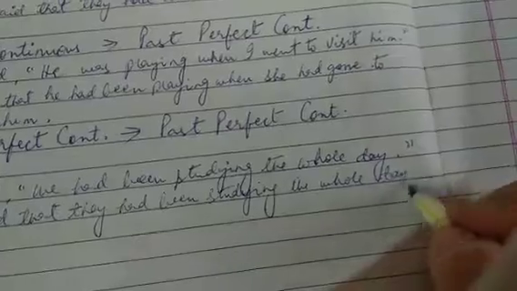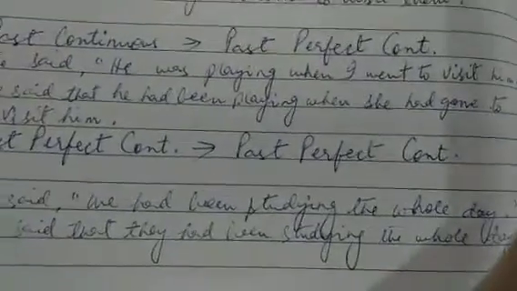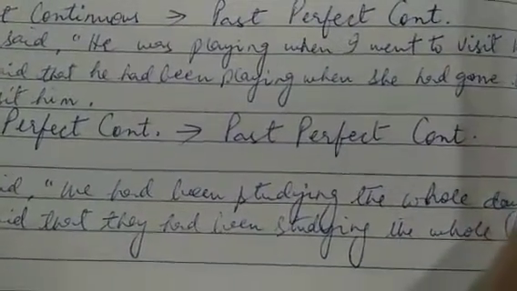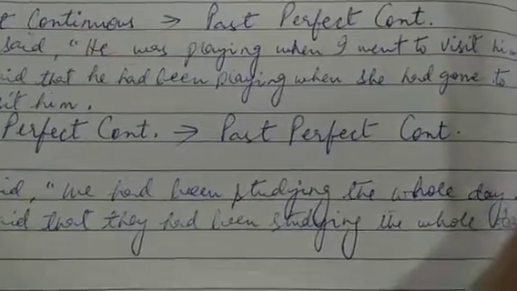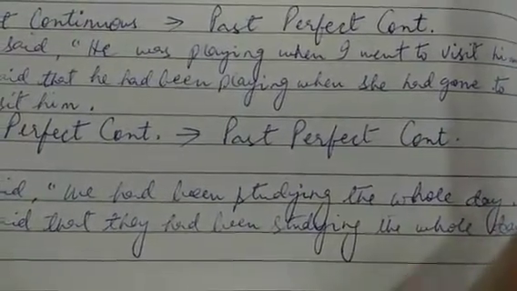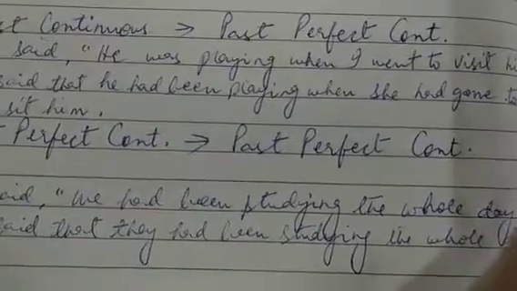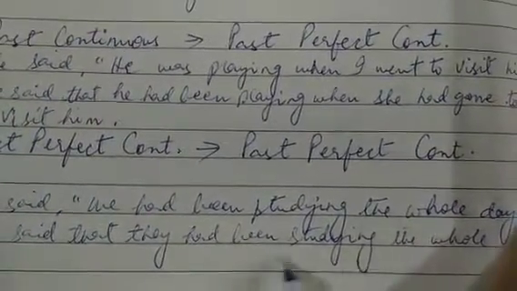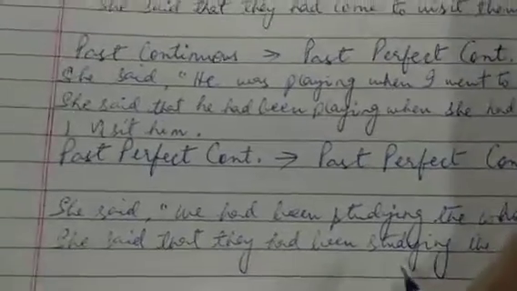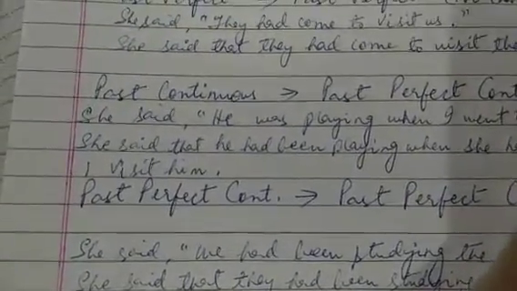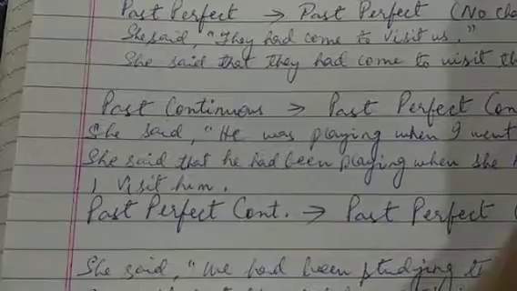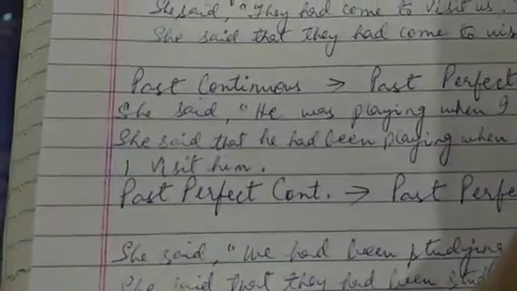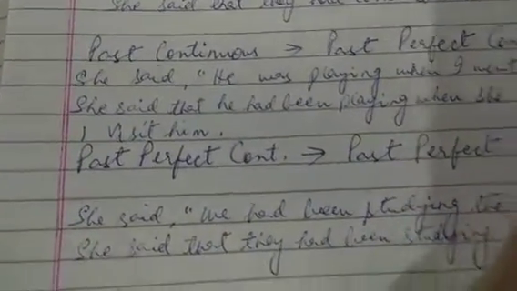So, there is no change, but if any time expression is given, then that can be changed. Since here the whole day remains the whole day because it's not talking about any particular specific time period, it will remain the same here. So these are the changes in the present tenses and past tenses when we are converting direct into indirect speech.